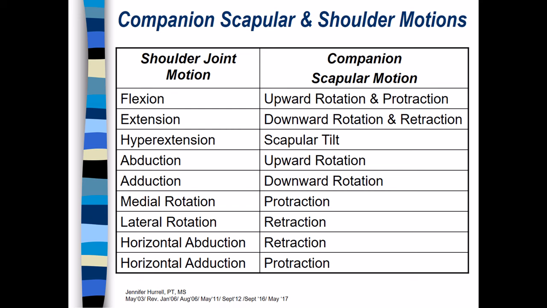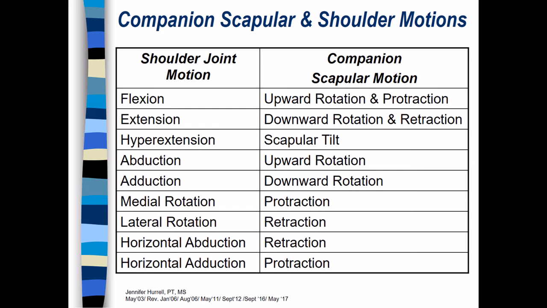Extension is going to be the return from the flexed position, and we're going to see the scapula downwardly rotate and retract. Hyperextension, that's where we get our scapular tilt. Abduction is going to give us pure upward rotation. Adduction, downward rotation, or returning to the anatomical position.